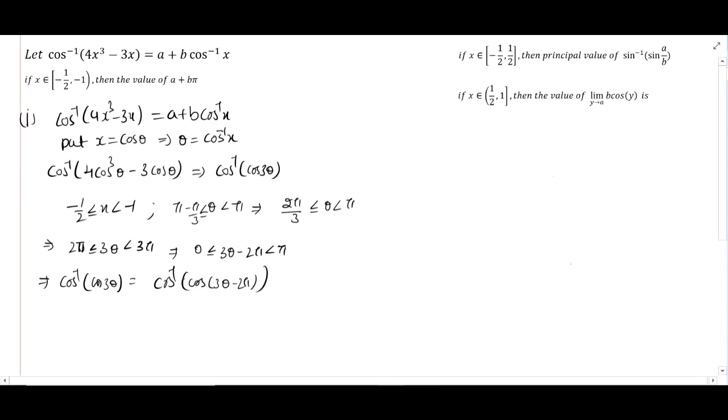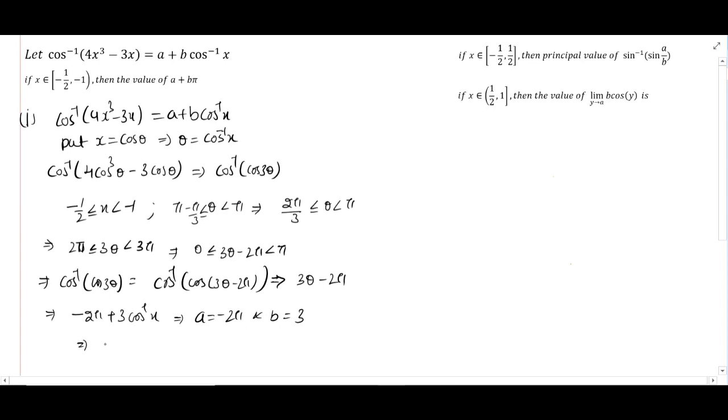Now this can be written as 3 theta minus 2 pi, because we know that cos inverse of cos x is equal to x in its principal branch, which is 0 to pi, right? So now replacing the value, this is minus 2 pi plus 3 cos inverse x. Now if I compare the left hand side with the right hand side, I'll get a is equal to minus 2 pi and b is equal to 3.